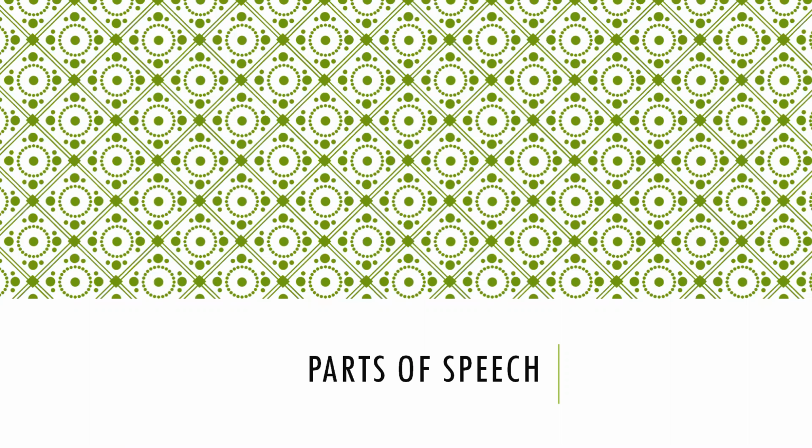Friends, when we speak, read or write English, it does not consist of single words, but a group of words that come in different headings, in different categories. The first and most common is noun. Pronoun is related to noun. Adjective is also related to noun and pronoun.